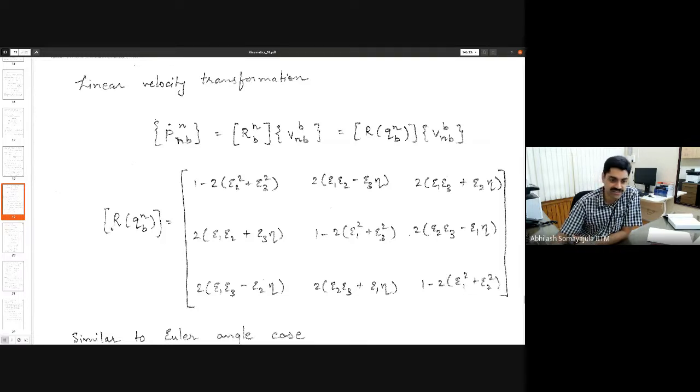When we looked at the rotation matrix about 3 orthogonal directions, that gave us an Euler angle representation where the terms depend on phi, theta, and psi. Whereas with the quaternion representation, the rotation matrix is expressed in terms of eta, epsilon 1, epsilon 2, and epsilon 3. And that is the main difference.